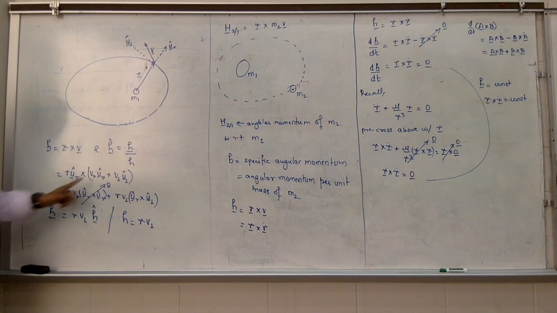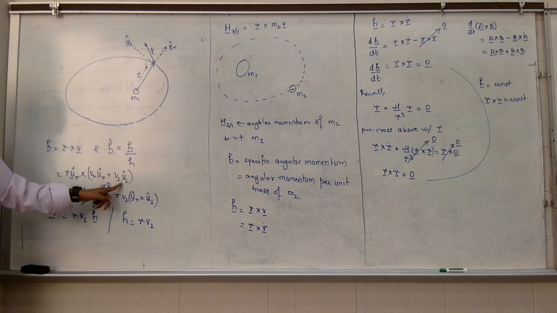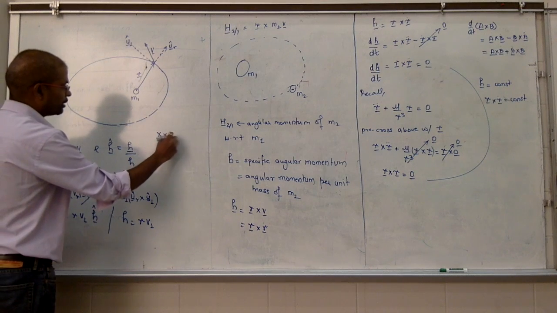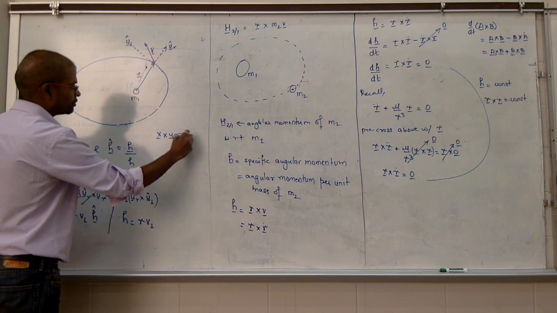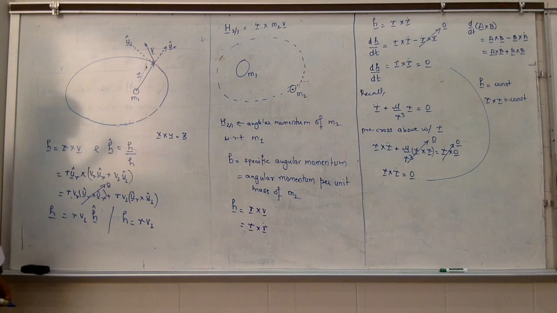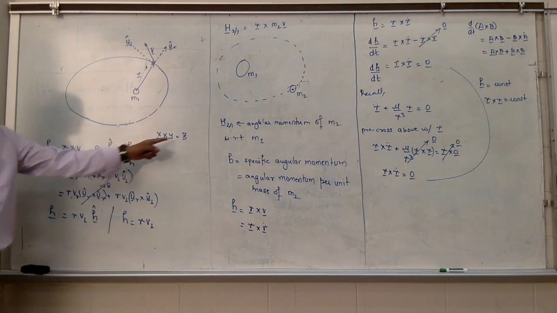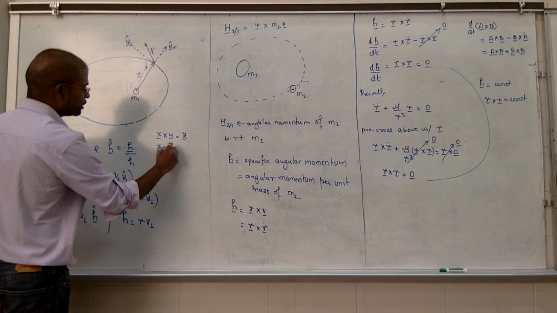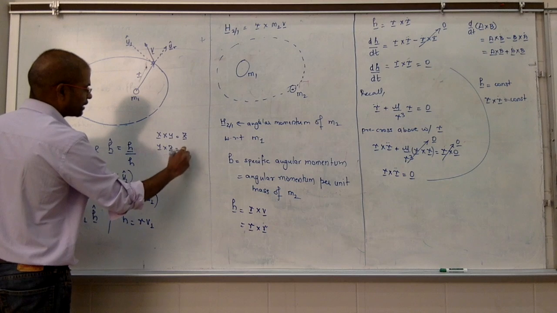This is a vector crossed with this vector. You have to remember x crossed with y is z. Keep in mind this x, y, z. X crossed with y is z. Y crossed with z is x.